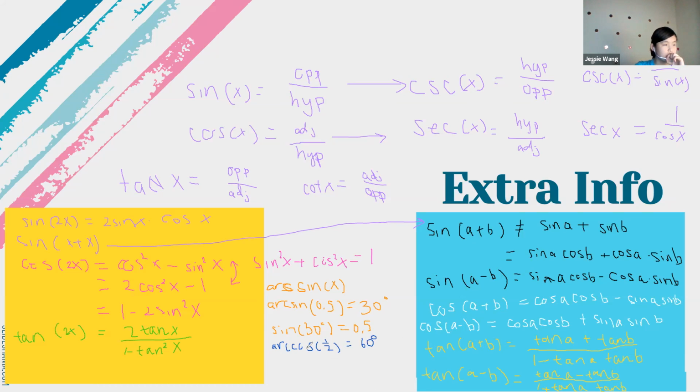Just because cosine of 60 degrees equals 1/2. So you can really think of arc as like the inverse, the opposite. When you have arc, you're trying to find the specific angle and not what its function is equal to.